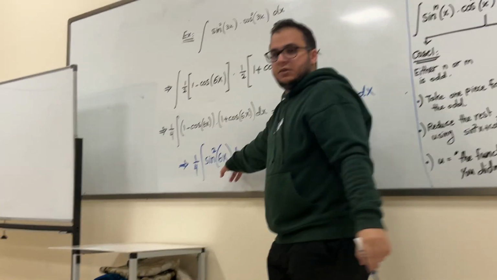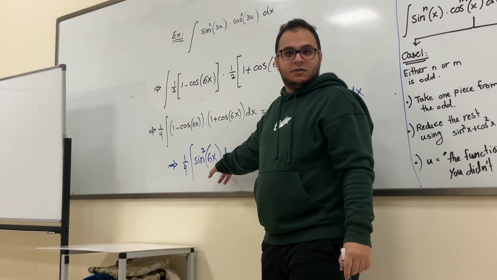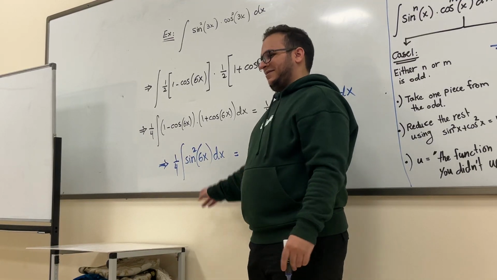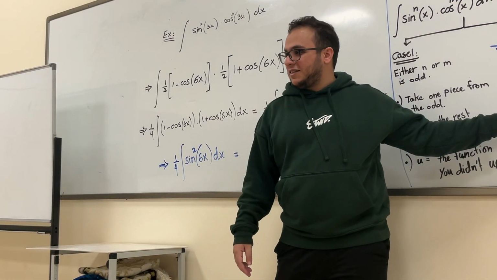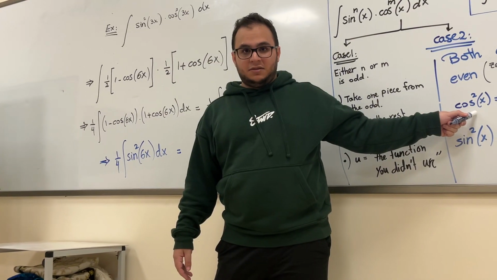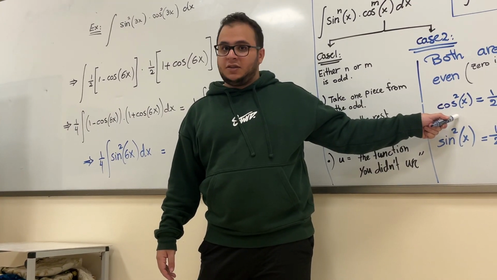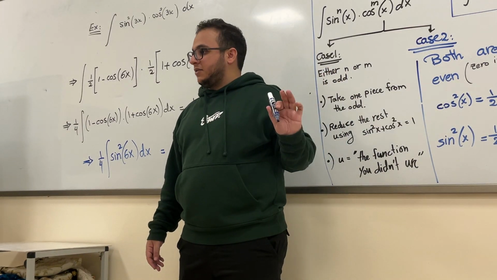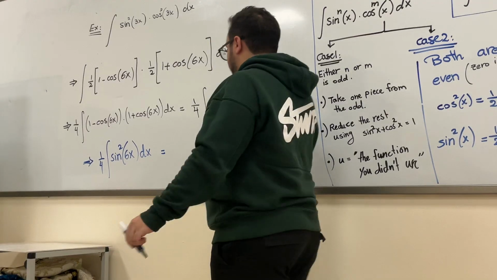How do I do this? Which case is this? Both are even. Sine is there, cosine is not there, that's fine, but it's even. Both are even. Does that make sense? So again, same thing.